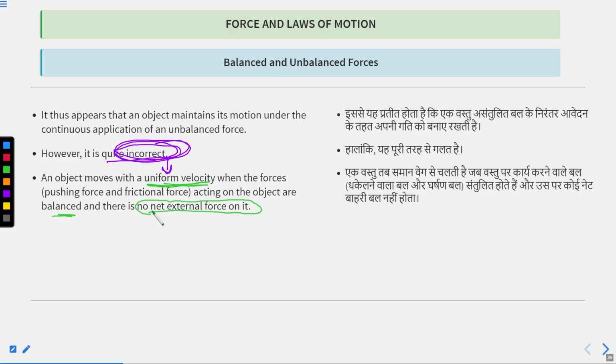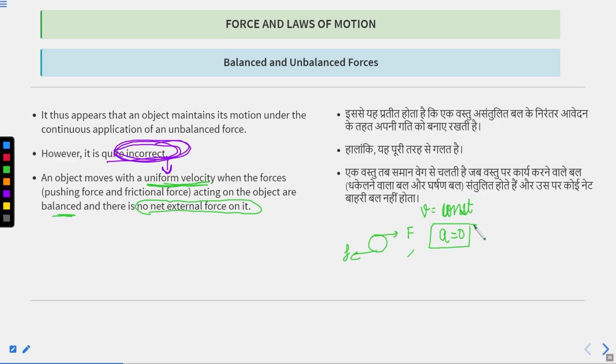If any object is moving in such a way that the friction force and the applied force are balanced, and the velocity is constant, it means there is no acceleration.